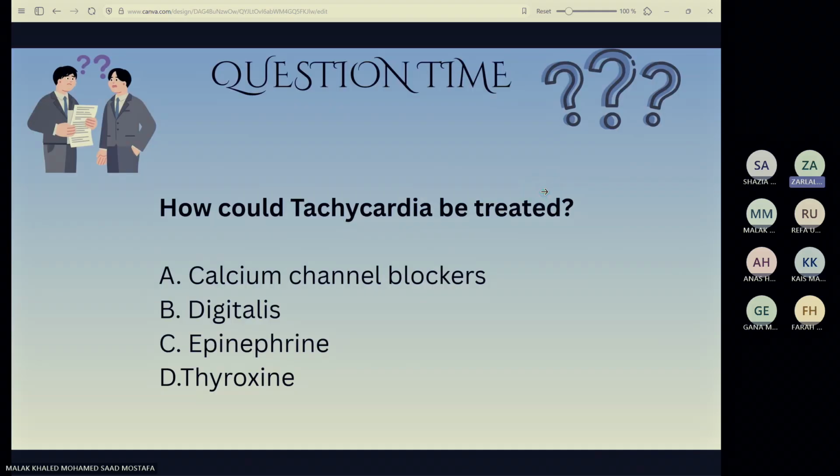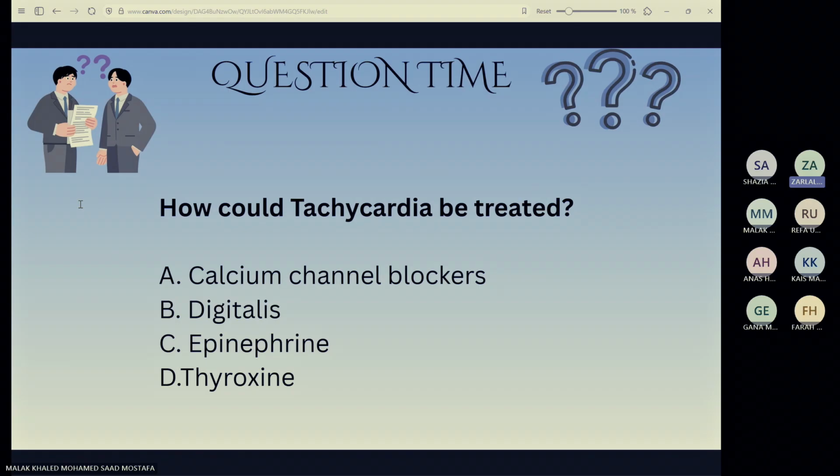Okay. So how could tachycardia be treated? Okay, no, Malak, it's not coffee. Yes, it is A. It's A. Calcium channel blockers. So what is tachycardia?